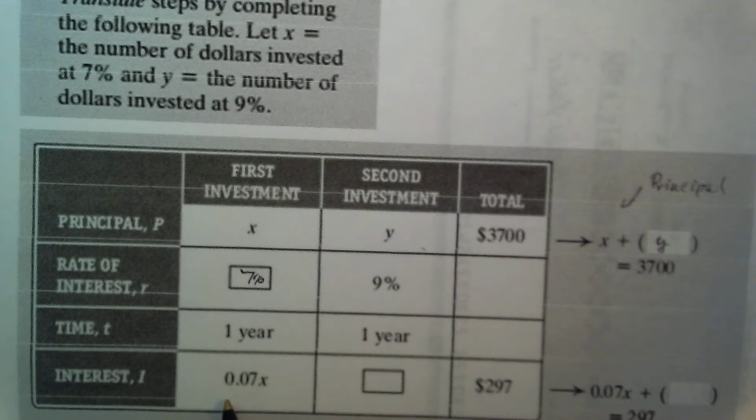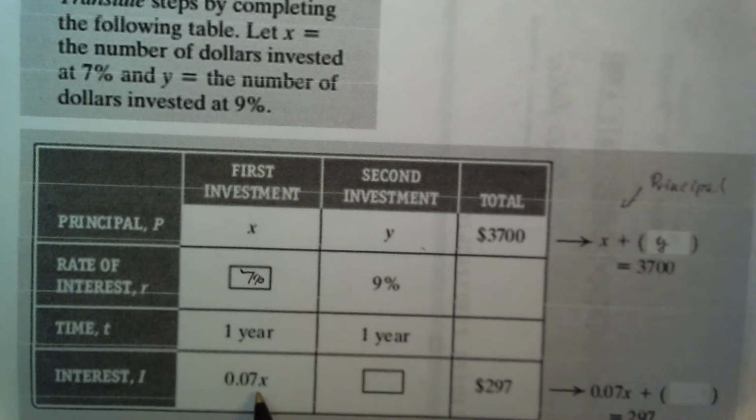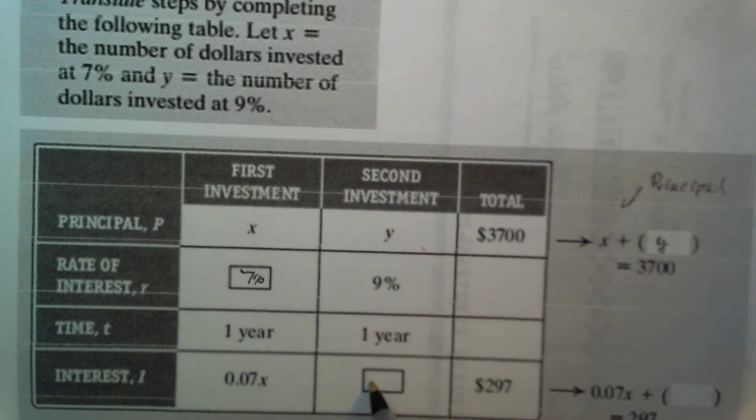And so the interest accrued from the amount X, the first investment, is 0.07 times X, and from the amount Y would be 0.09Y. And the total amount of interest is 297. So 0.07x plus 0.09y equals 297.